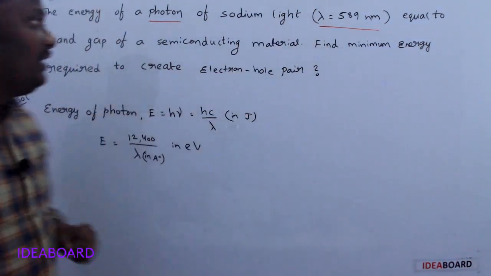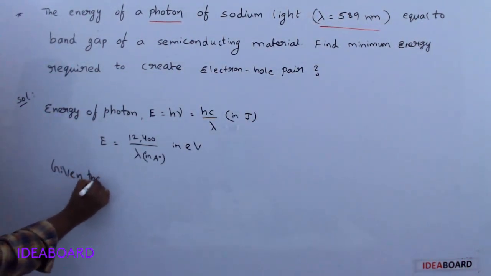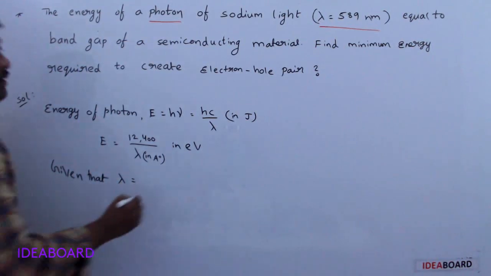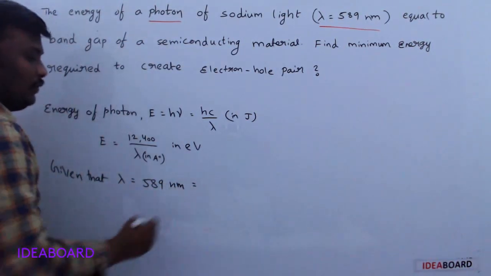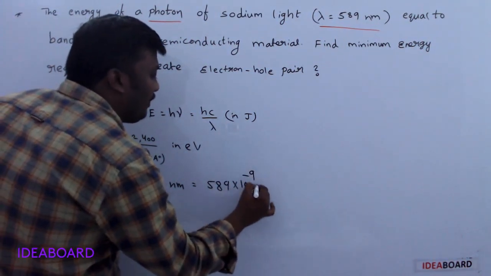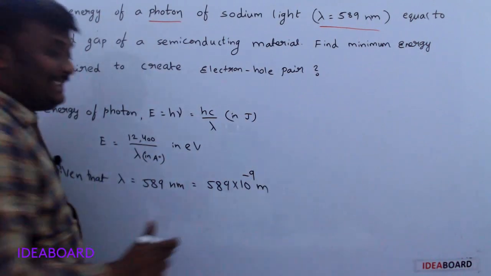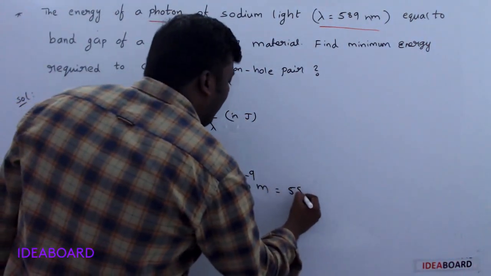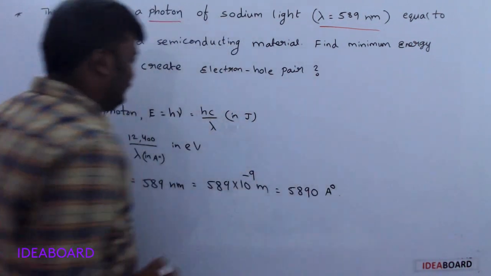Okay, given that lambda is 589 nanometer. That indicates 589 into 10 power minus 9 meter. In angstroms we have 10 power minus 10, so its value becomes 5890 angstrom units.